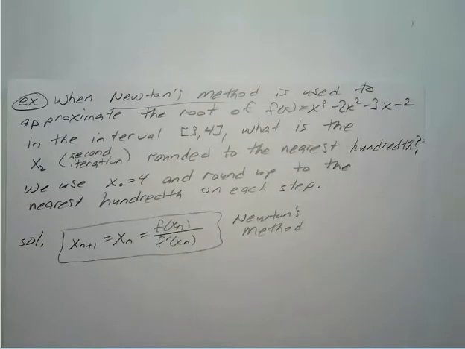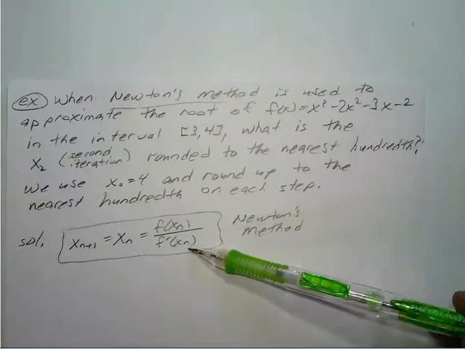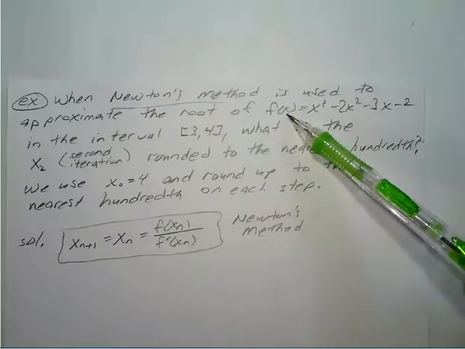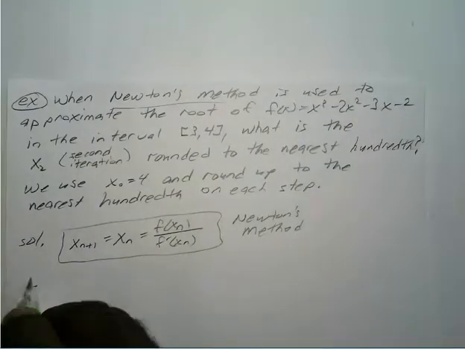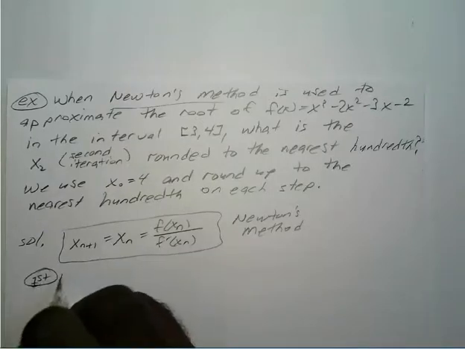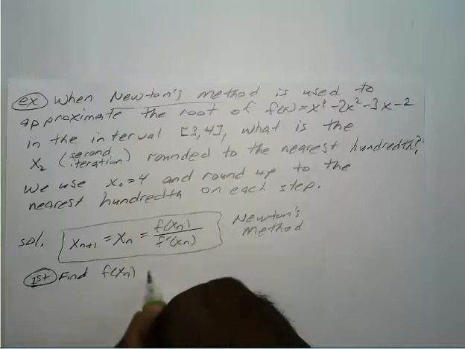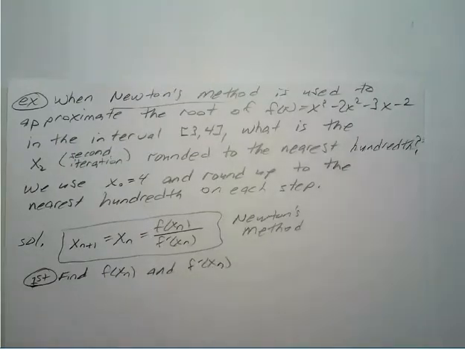Okay, so the first thing you have to do is find your f of x sub n and f prime of x sub n. Your f of x sub n is easy. You just replace every x with x sub n. So your first step, find f of x sub n and f prime of x sub n.